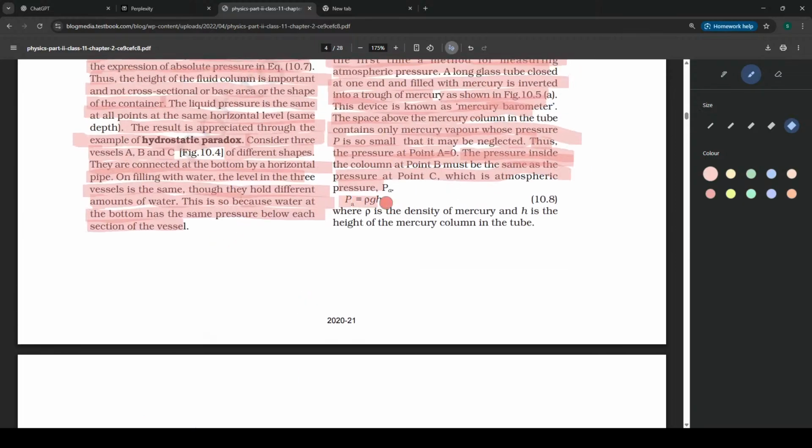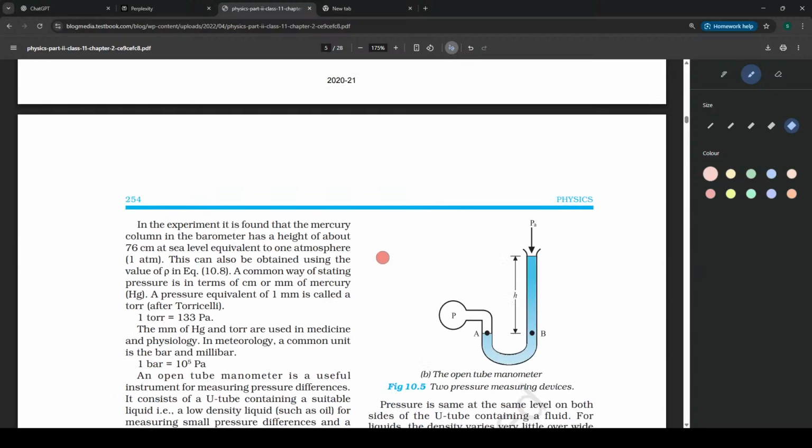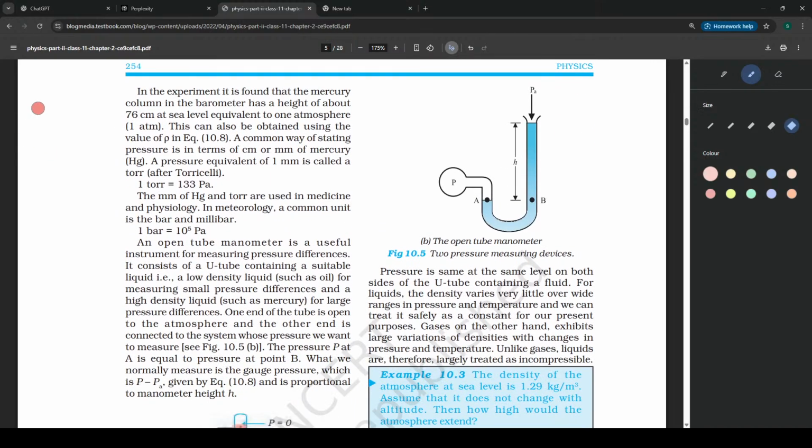PA is equal to rho gh, where rho is the density of mercury and h is the height of the mercury column in the tube. In the expression, it is found that the mercury column in the barometer has a height of about 76 centimeters at sea level, equivalent to 1 atmosphere.